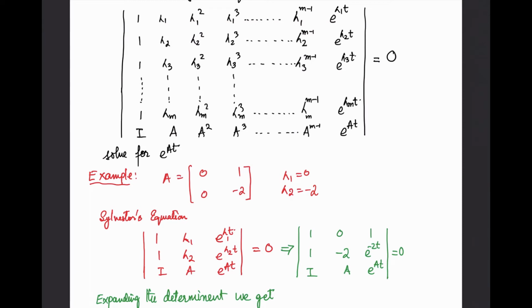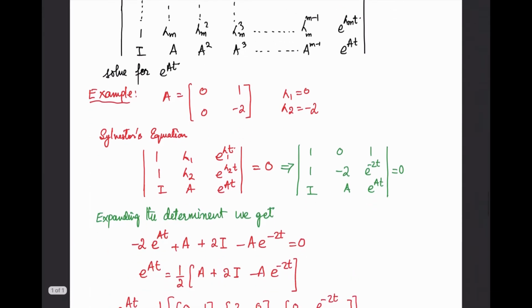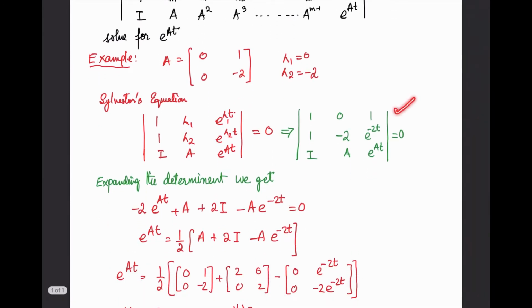So now you know the eigenvalues 0 and minus 2. So using that you can write down this equation like this, and now you can expand this determinant. So expanding this determinant equation, we can write this equation.